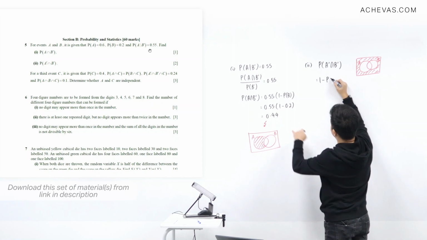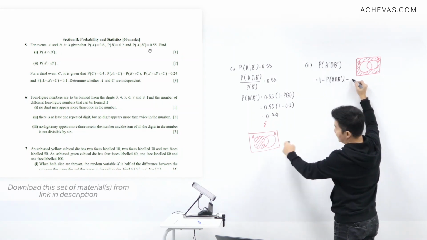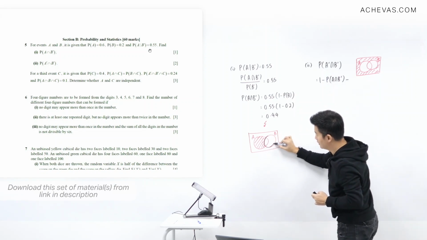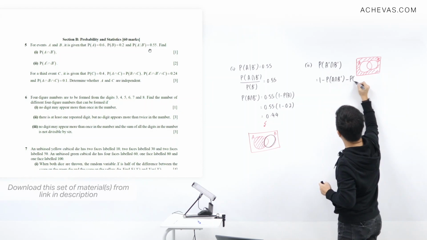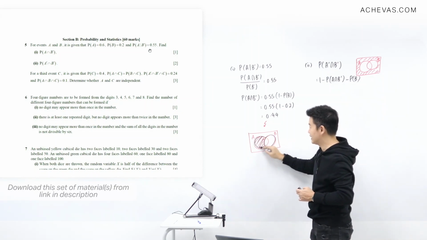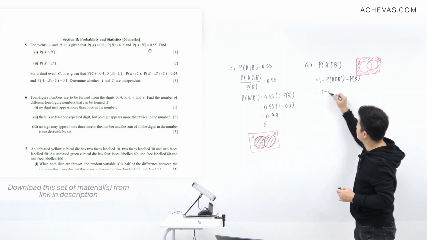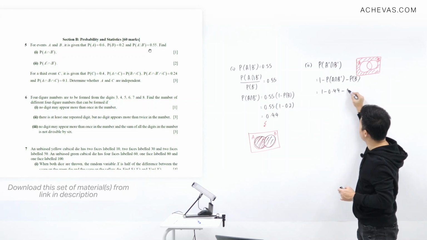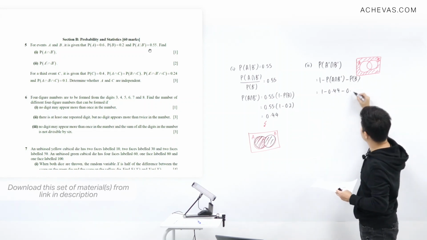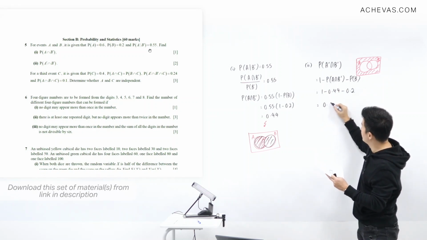So I'm going to minus off this probability of A intersect B prime, and also minus away this region here, which is probability of B. So I'm actually trying to minus away this entire region here right now. So this will be 1 minus 0.44 minus away probability of B, which is given to us by the question as 0.2. So this will get me my answer for part 2, 0.36.